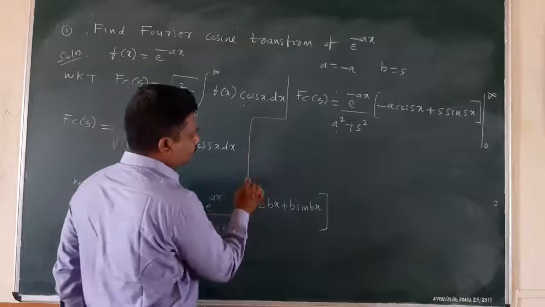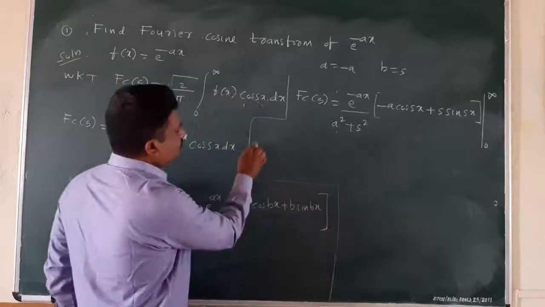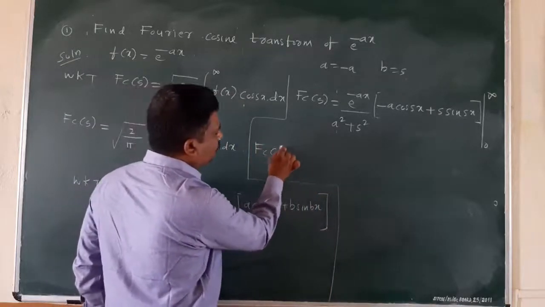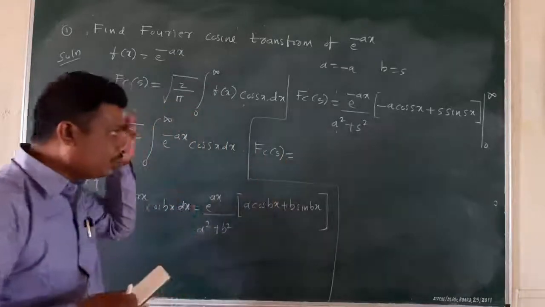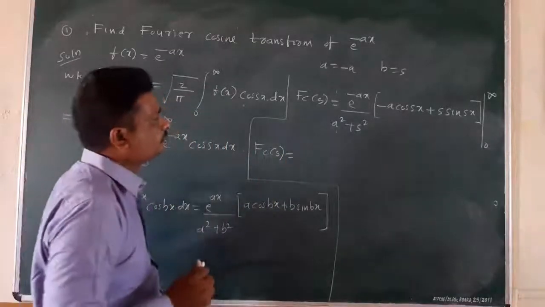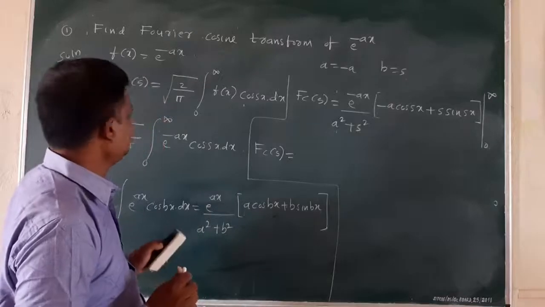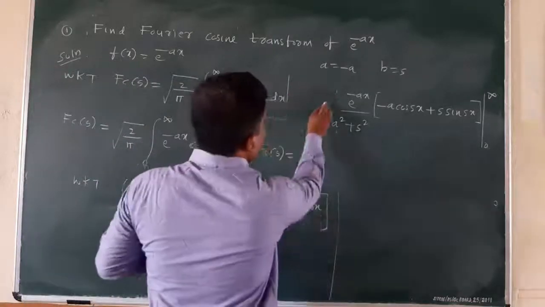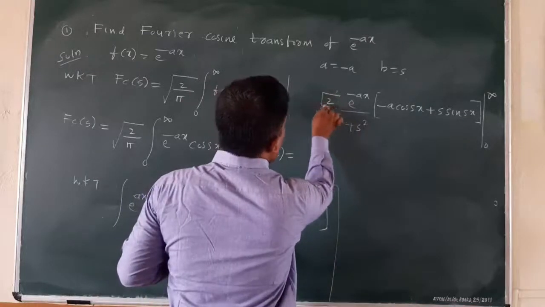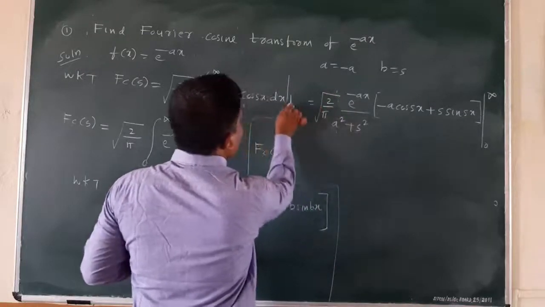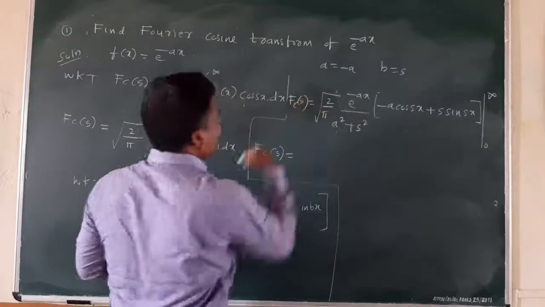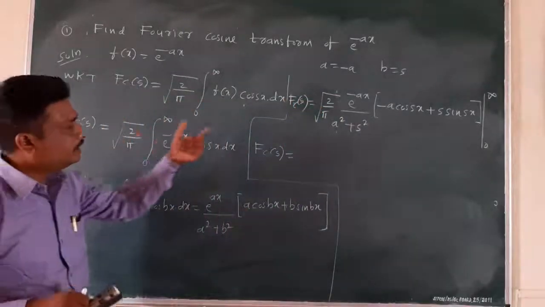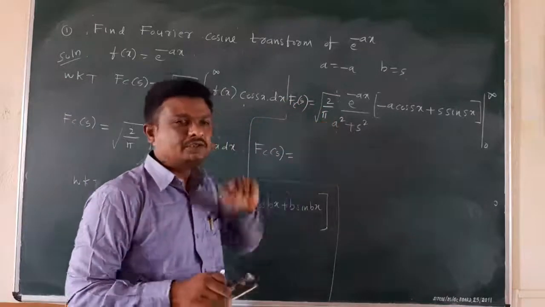Therefore Fc of s is equal to, here I have forgotten to write the square root of 2 upon pi.